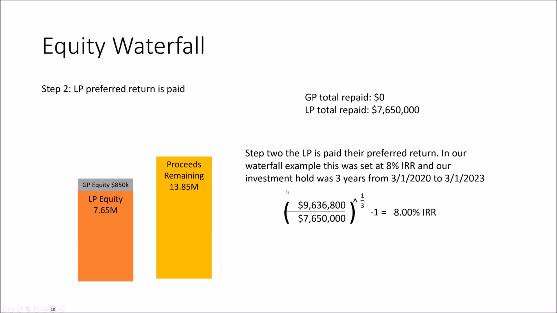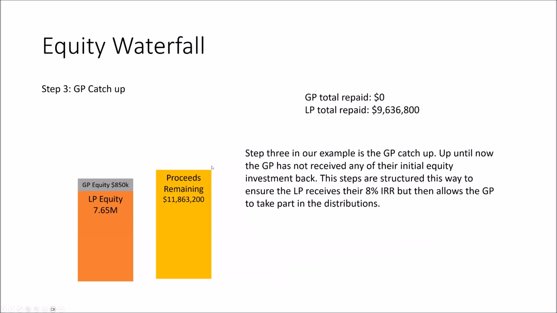Now, that doesn't mean that they're getting 9.6 on top of their 7. What it means is they're getting, after their 7, 9, to bring them up to 9.6. So they're going to get an additional just under 2 million, and that will now go into what they're repaid up here. So we still have remaining equity, which is good.